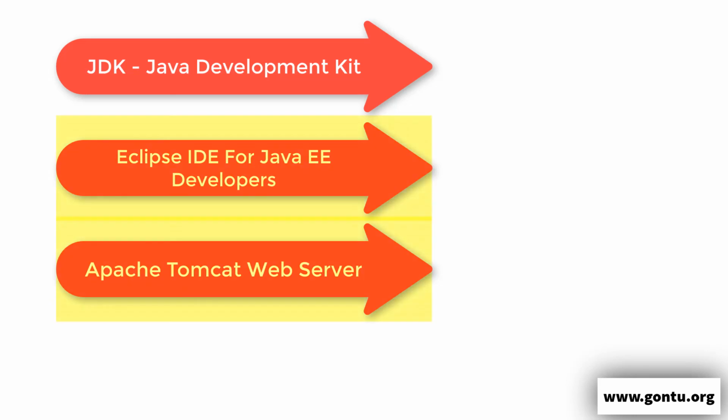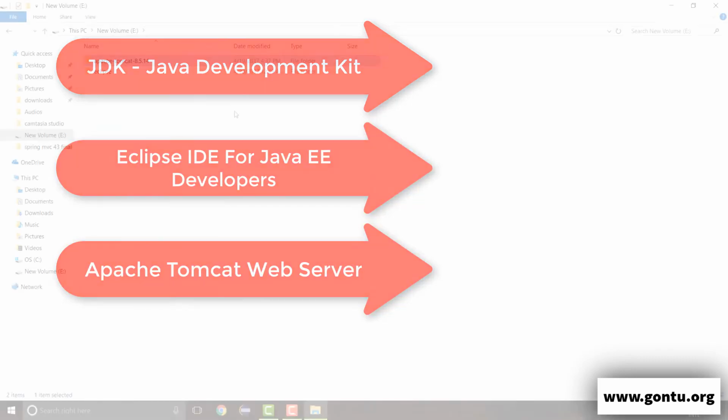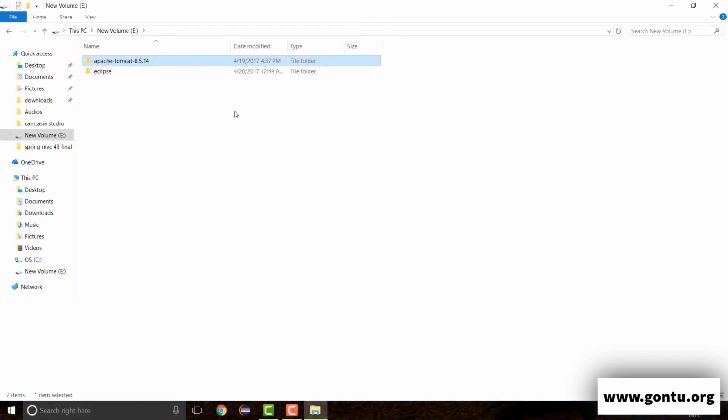So if you look at the installation process for Eclipse and Apache Tomcat, it's very easy. You just need to download the zip, and to install it, you just need to extract it to any of your computer's drives. Now what's next? We've got to open up Eclipse IDE and configure it to start developing our first servlet application.